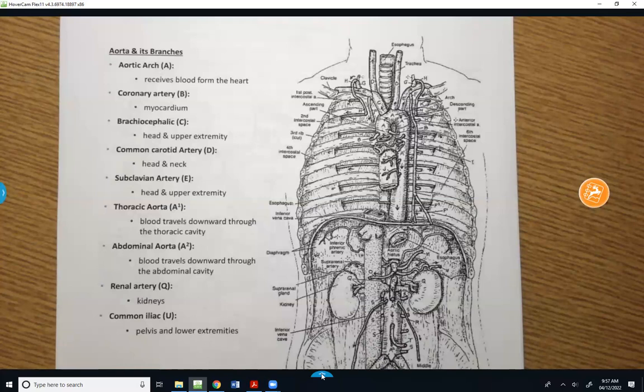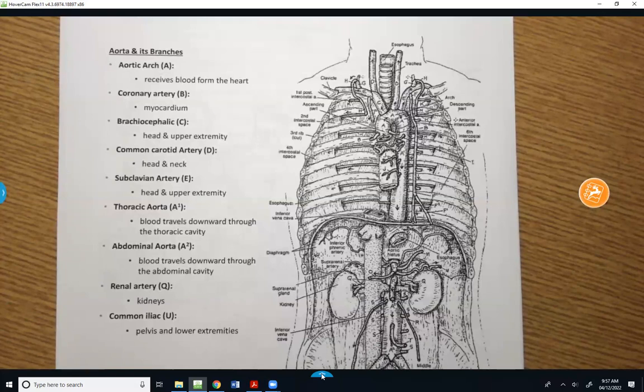You can see it listed a couple different times here, like letter A, aortic arch, then down about 2/3 of the way, you see A1, that's the thoracic aorta as it travels through the thoracic cavity. Once it travels past the diaphragm into the abdominal cavity, we would call it the abdominal aorta, and it's labeled A2. So we talked about this the other day.